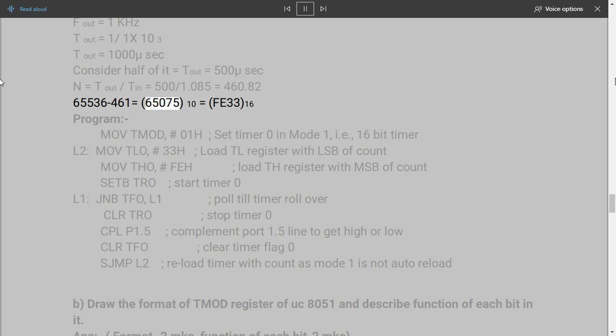65536 - 461 equals 65,075 decimal, which is FE33 hex. Program: MOV TMOD, #01H, set timer 0 in mode 1, i.e. 16-bit timer. L2: MOV TL0, #33H, load TL register with LSB of count. MOV TH0, #0FEH, load TH register with MSB of count.